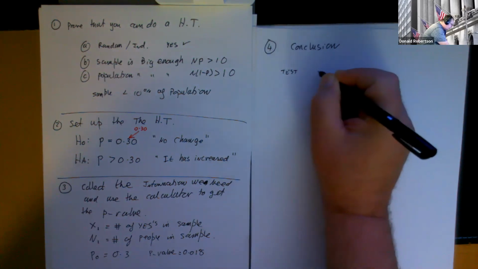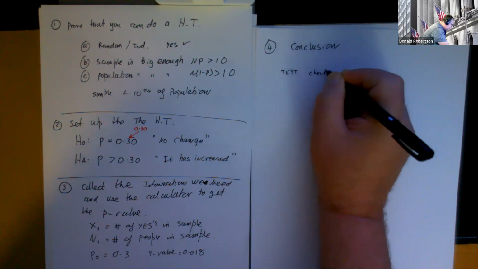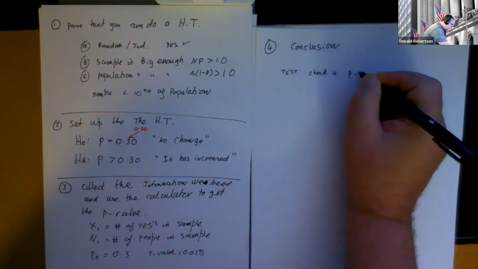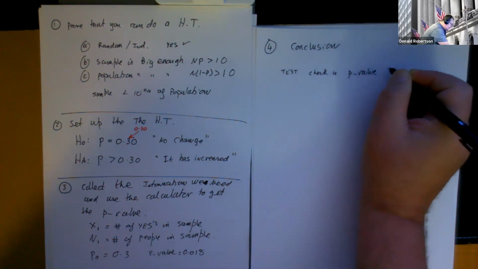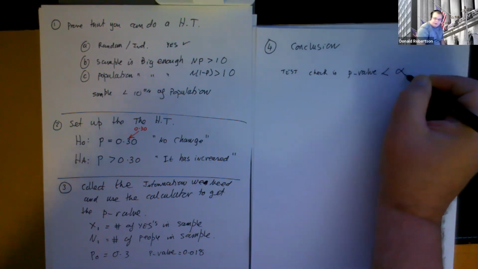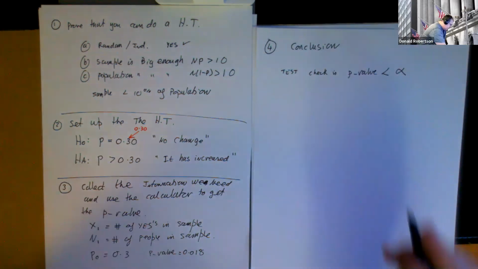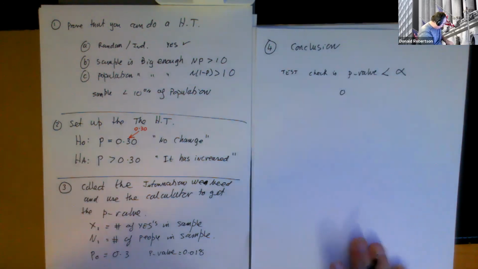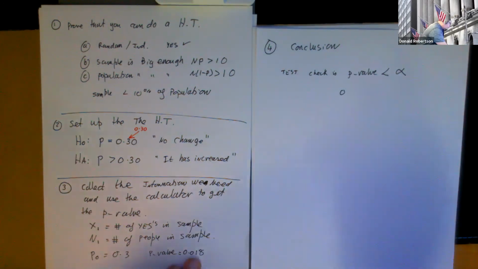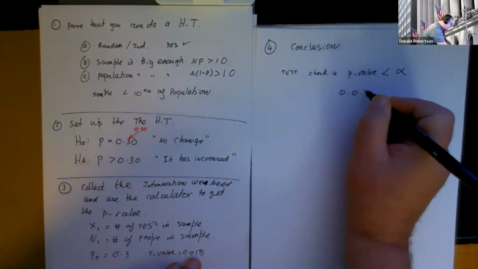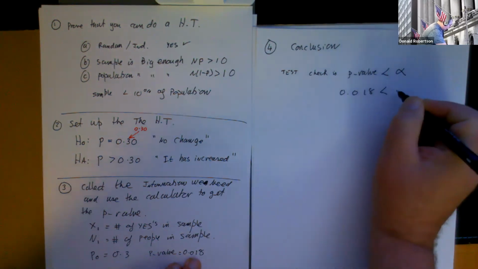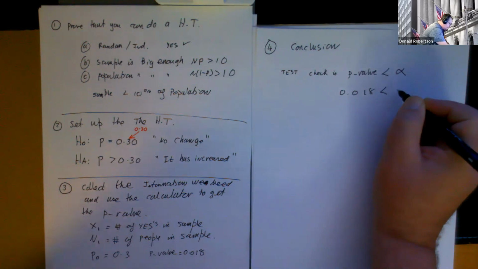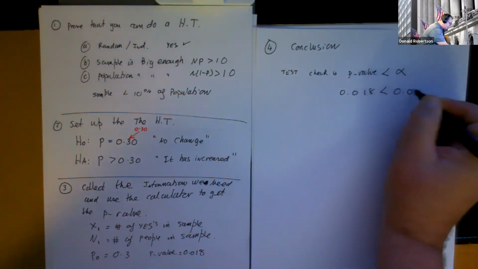You just check, is the p-value less than your significance level alpha? In this case, the p-value was 0.018, and we had to check that it was less than 0.01.